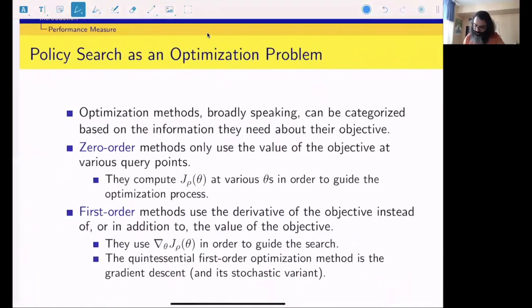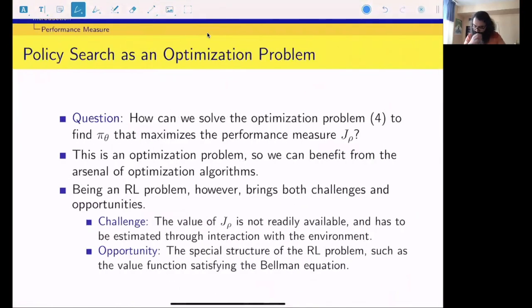So here the question is, how can we solve this optimization problem to find a policy that maximizes the performance J of rho? We know how to represent the policy, and in principle we know how to measure the performance.